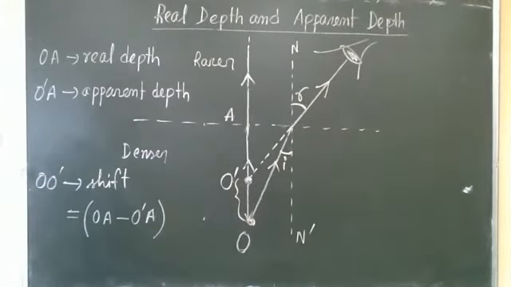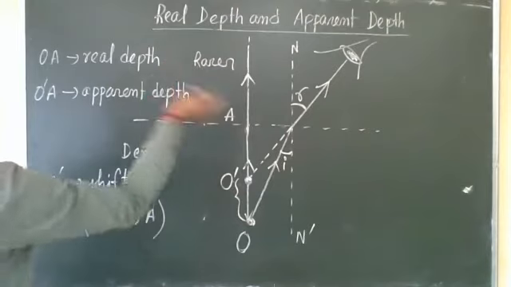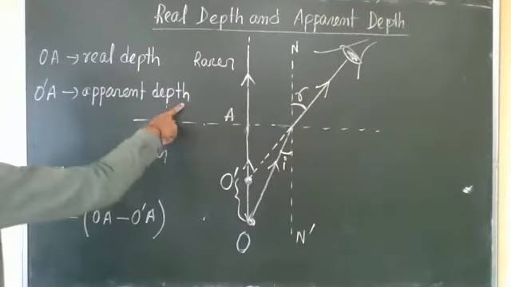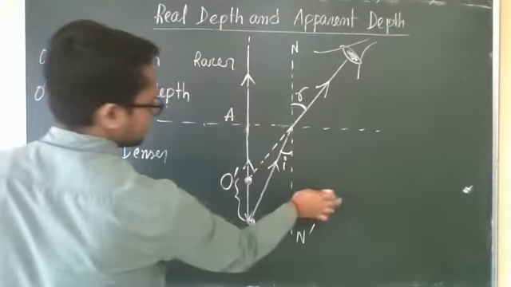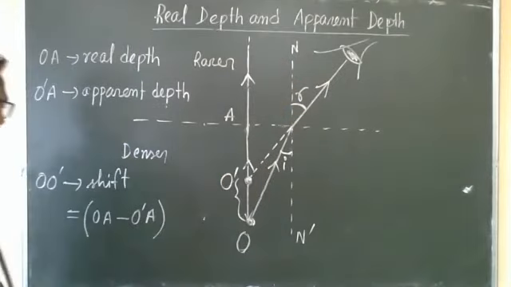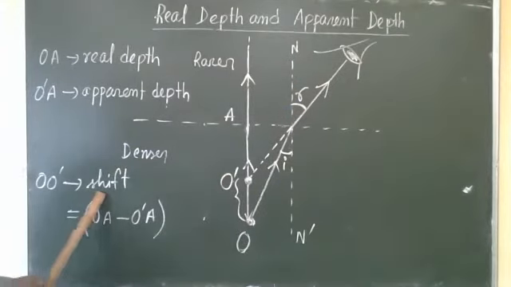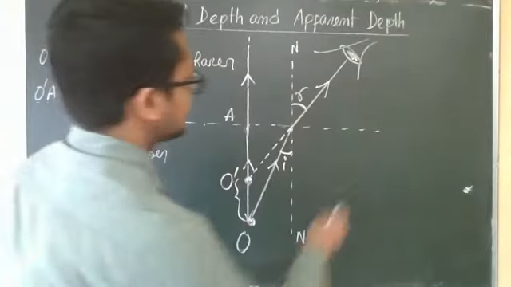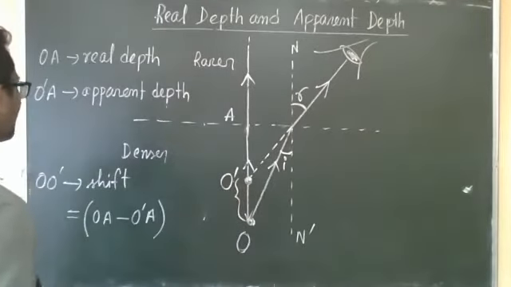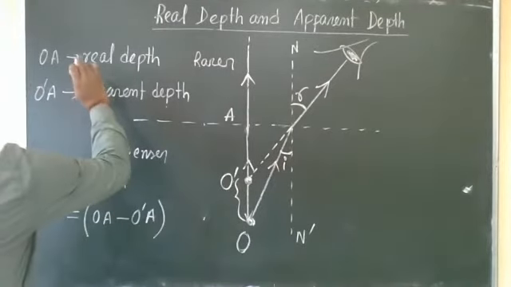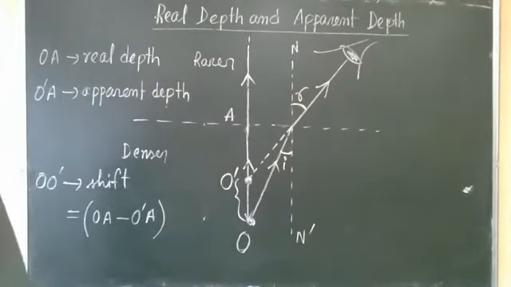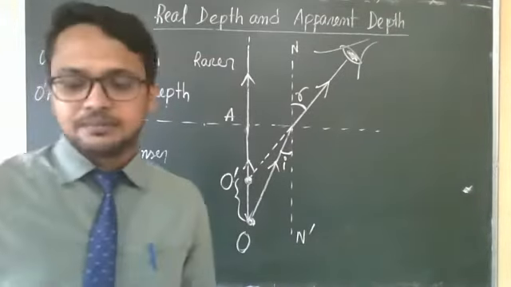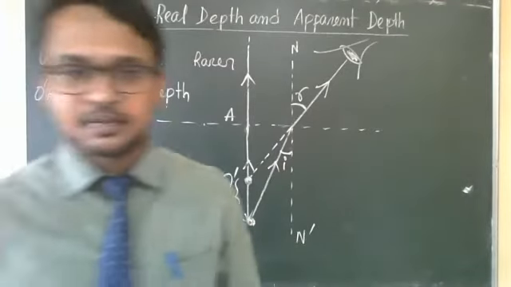We will see the expression for apparent depth. There is a relation between real depth and apparent depth, with the refractive index of the denser medium with respect to air, and the formula of shift. And there are two conditions. We'll see step by step. Now, what is the relation between real depth and apparent depth? First of all, you will practice the diagram from your book, page number 88, section C, refraction of light.